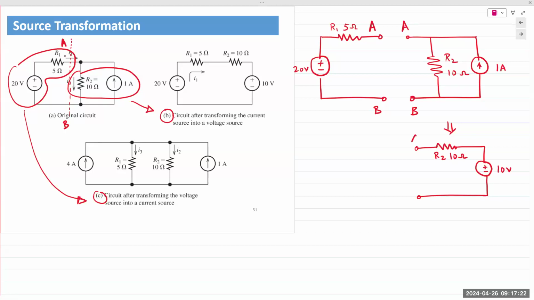And then you plug this transformed source back into the original circuit. When you do that, you obtain the circuit that is shown in figure number 2 or figure B. All right, write it down, take a pause.